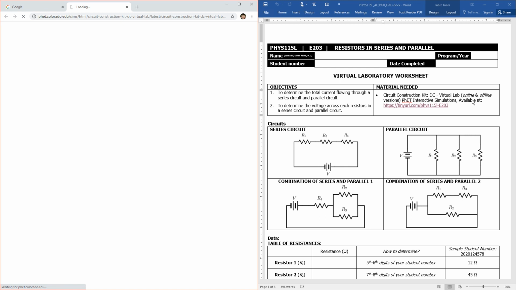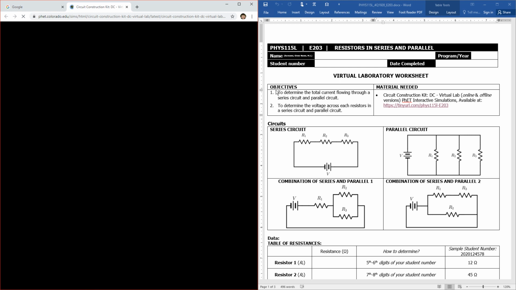As I mentioned here, this has an online and an offline version. If you want to do this online, you can just go to this interactive simulation.